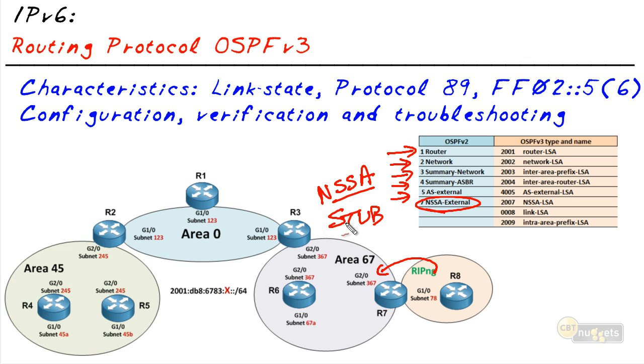And that's what a not so stubby area is all about. So if we wanted to, we could bring in this route as an LSA type 7, and that would be the case when we'd use the NSSA external, is if we had a stub area, we need a redistribution, so we could make it a not so stubby area to allow that route to propagate through the network. And the concepts for that work the same in IP version 4 as they do with IP version 6.